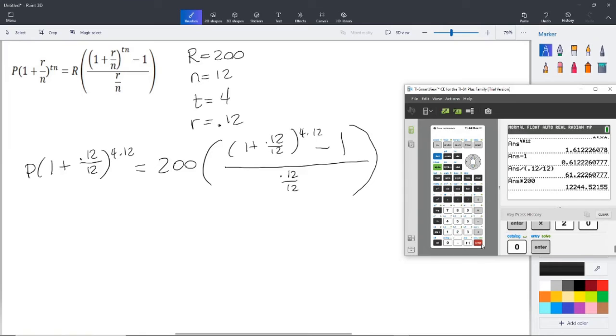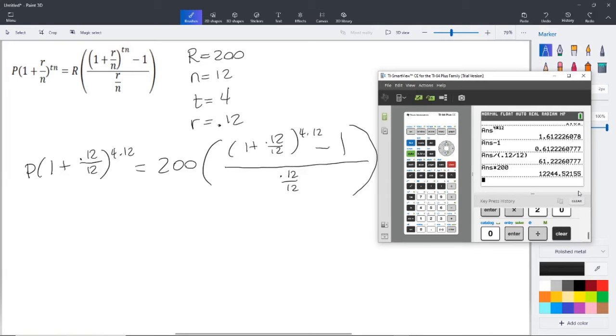All right, so right now we have 12,244.5216.